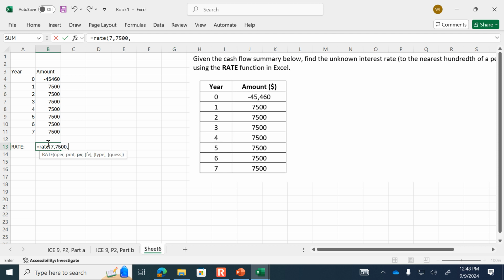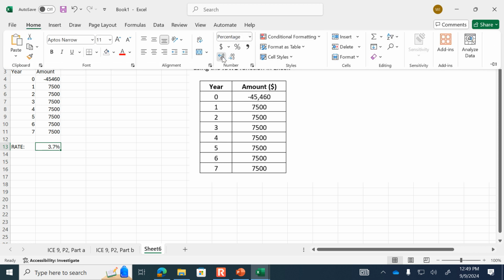And the present value, lump sum, minus 45,460, close parentheses, and it's going to find out what is the interest rate that brings the inflows and the outflows into equilibrium. It should be 3.73%.